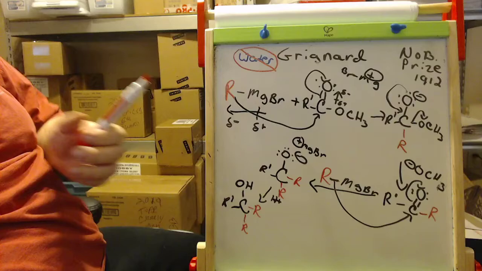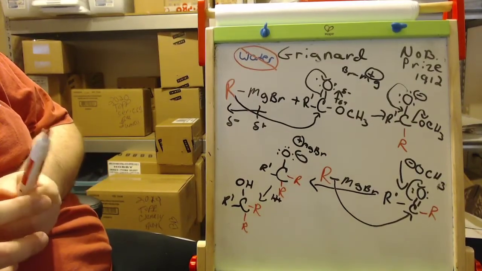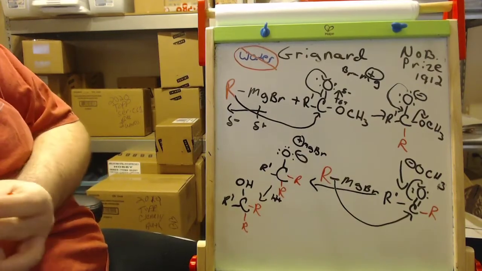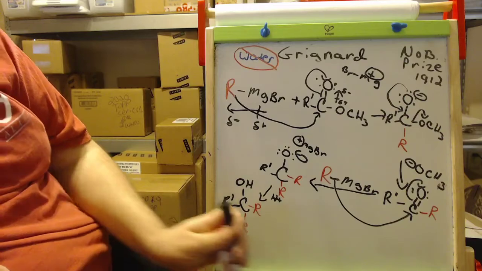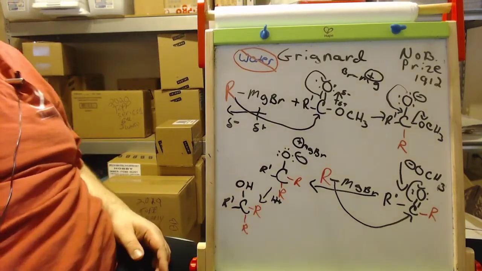So with my ester, I get to treat it twice with Grignard reagent that I created earlier on. The Grignard reagent you create earlier on is all dependent on what carbon chain you're looking for and so on.